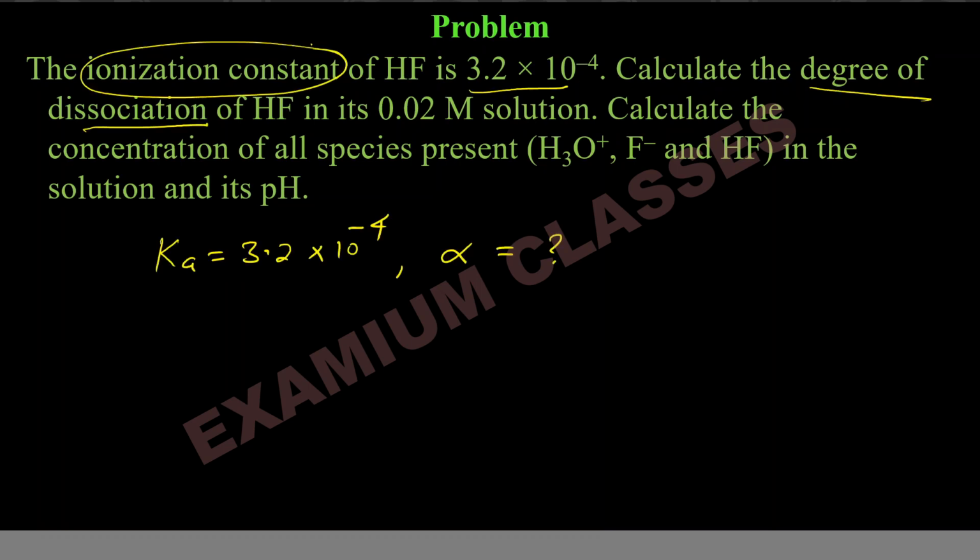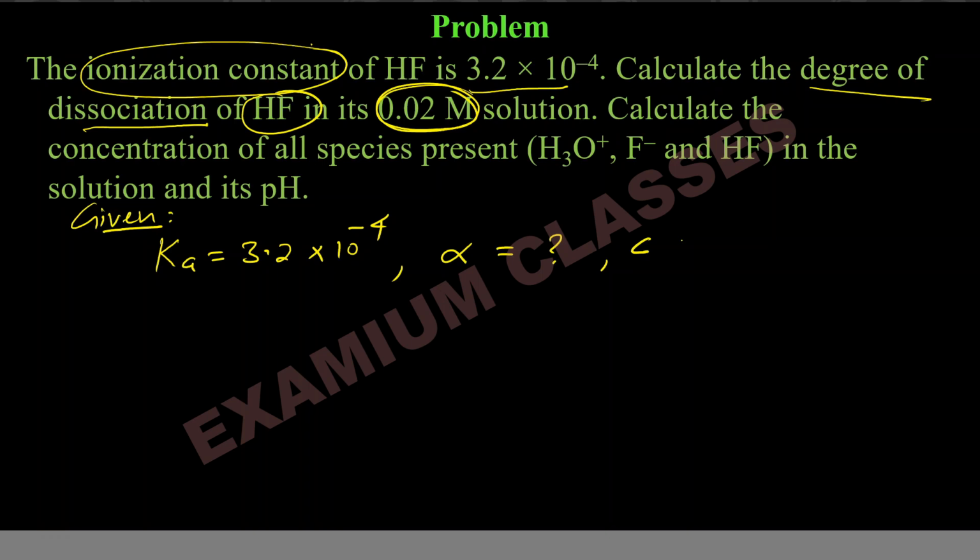Remember, in the exam you will write like this: given Ka, alpha is asked. HF in its 0.02 M solution means the initial concentration C is given, 0.02 moles per liter. Calculate the concentration of all species present, that is H3O plus, hydronium ion.